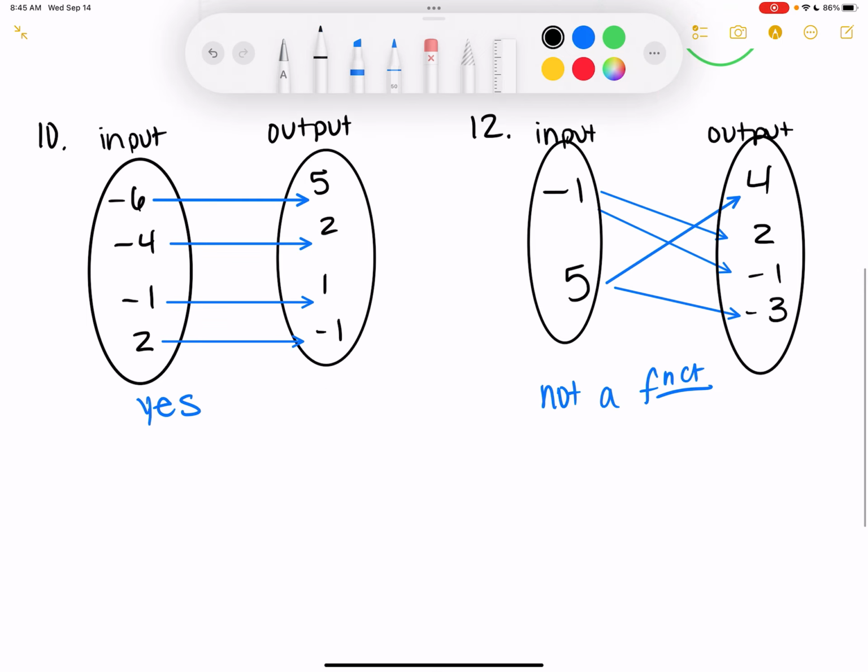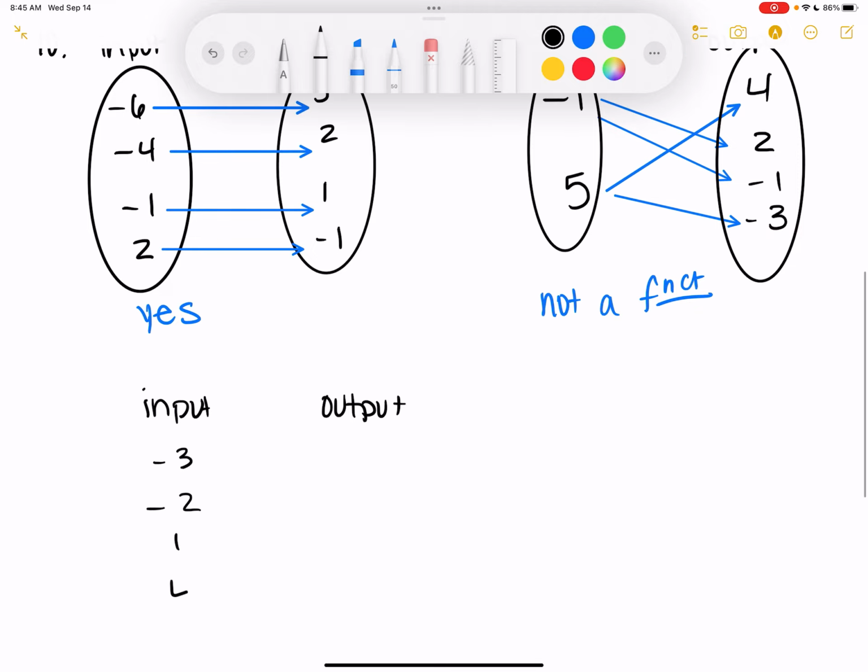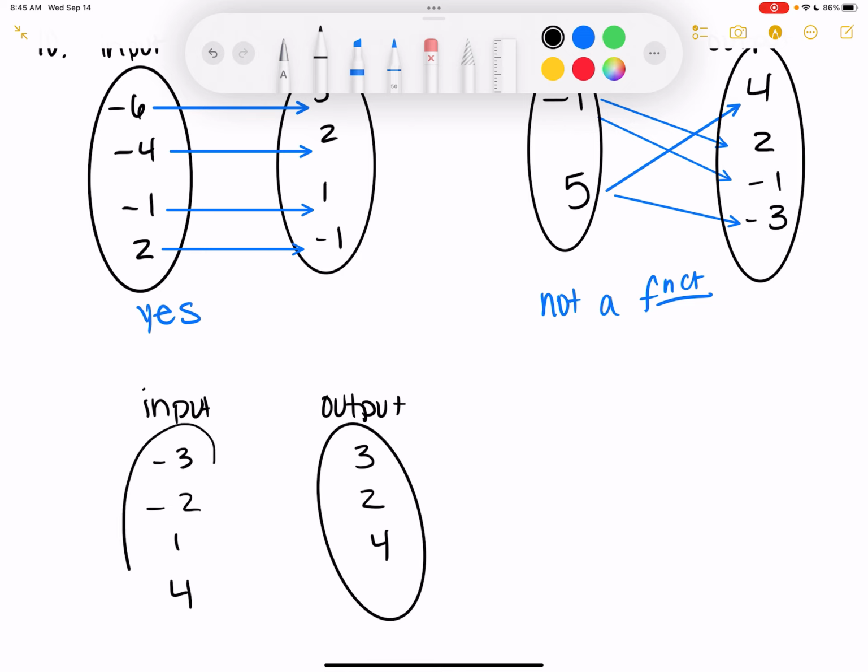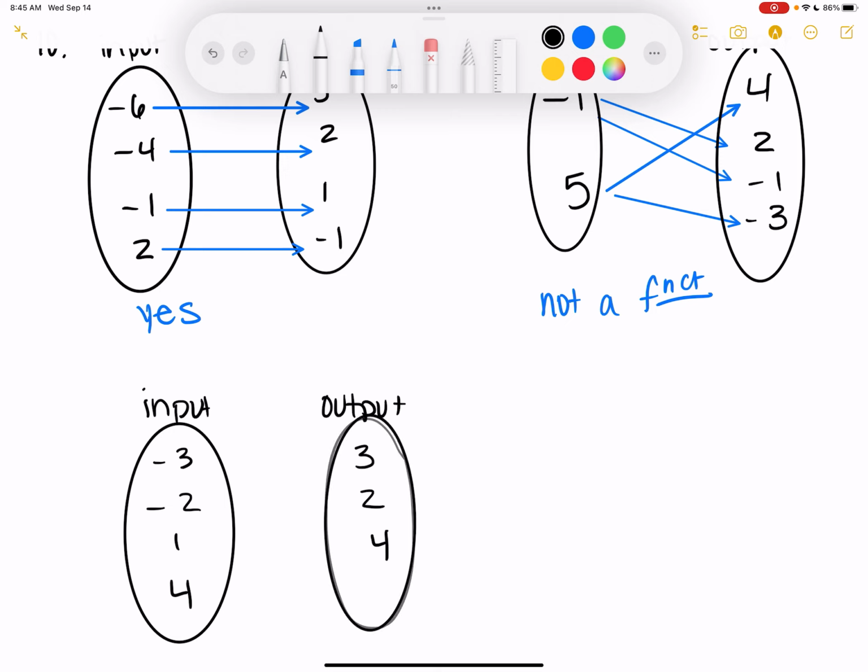Just going to put another example up here really quick that's not in your book. Input, output: -3, -2, 1, 4, 3, 2, and 4. And -3 goes to 2. -2 goes to 3. 1 goes to 2.